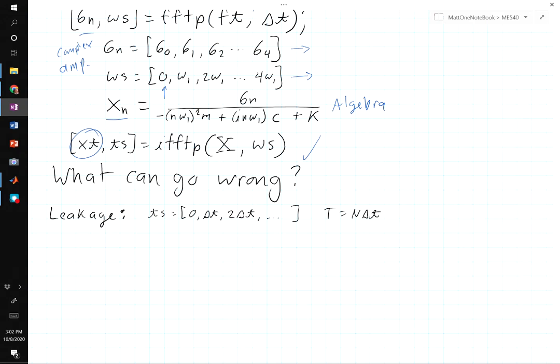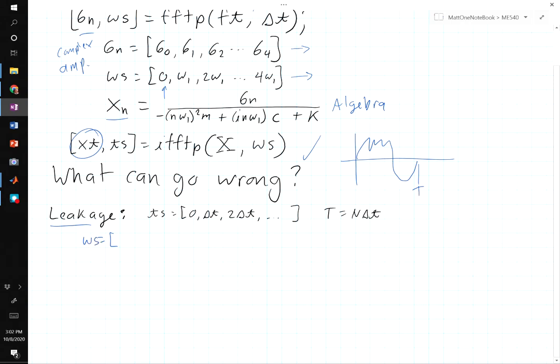First, we'll talk about one thing that can go wrong, which is leakage. So again, let's suppose that we have some forcing. Let's say it looks like that, and it ends right here at period T. We define a time vector and we sample that. And when we do the FFT, as you see above, we'll end up with a bunch of frequencies that this will be defined at.